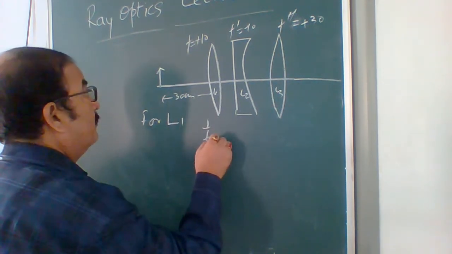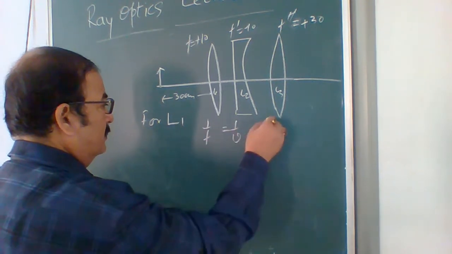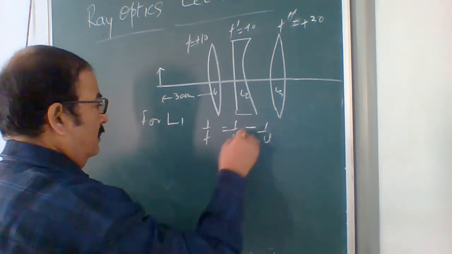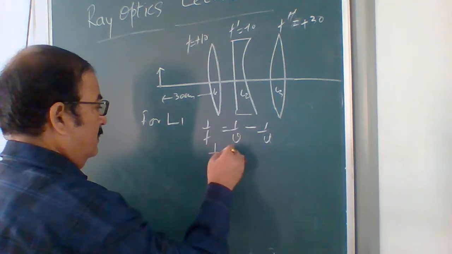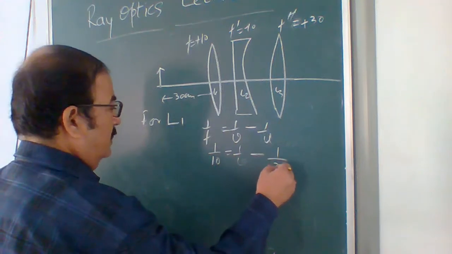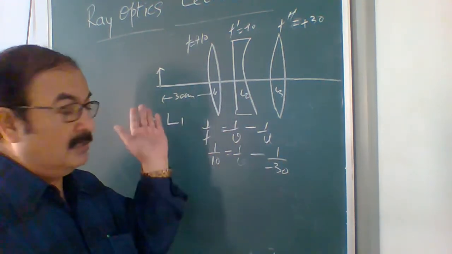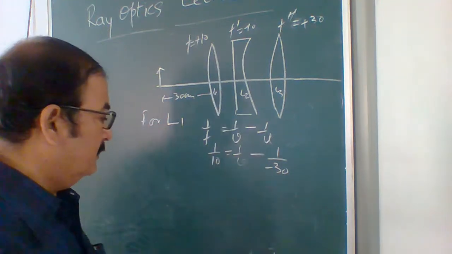1 upon f equals 1 upon v minus 1 upon u, and 1 upon 10 equals 1 upon v minus 1 upon minus 30, because u is taken negative; the real object is on the left-hand side, so it is minus 30.